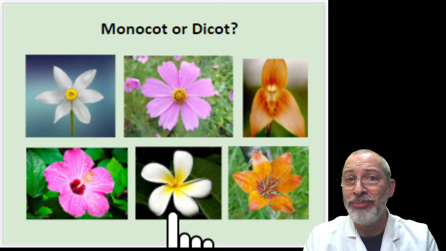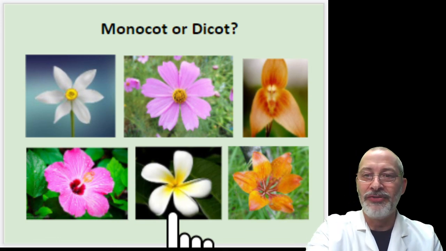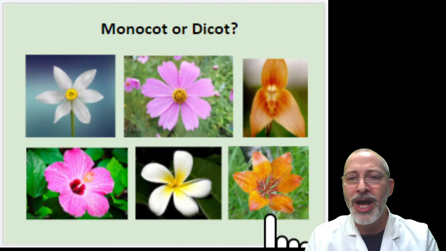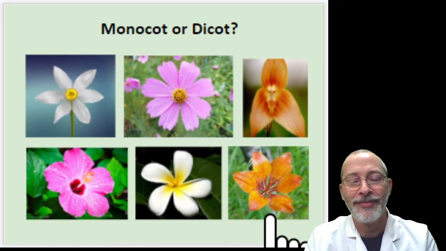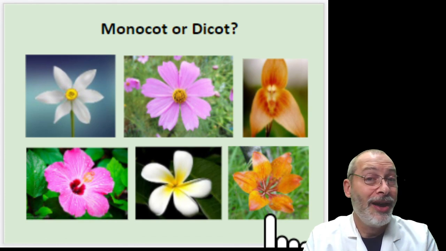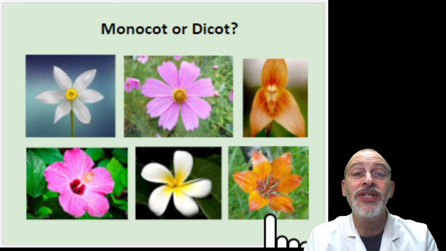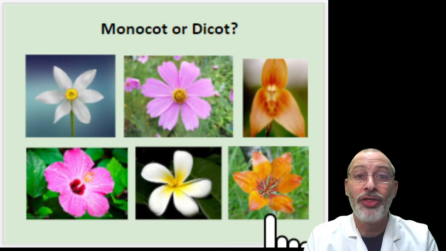Hopefully you're catching on by now. 5 petals divisible by 5, it is a dicot. And finally, let's look at this one here. What is it? Monocot or dicot? All right, hopefully you said monocot because 6 petals is divisible by 3.